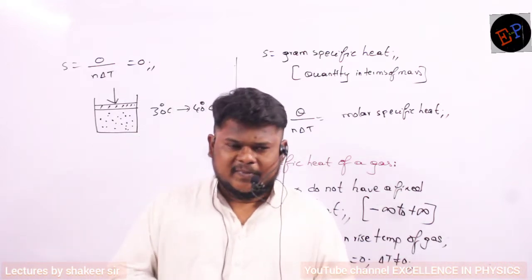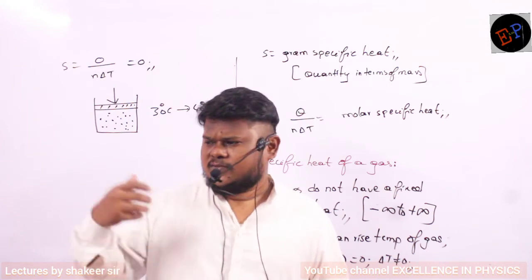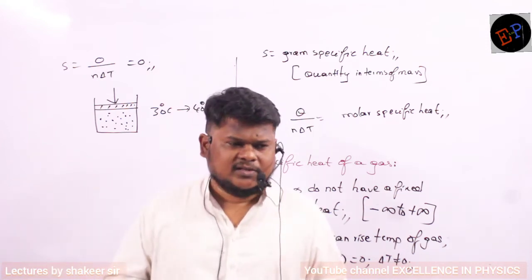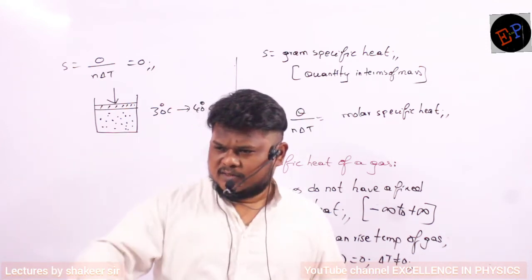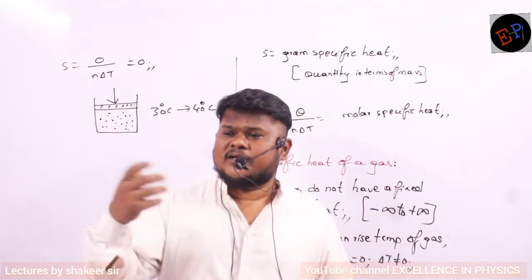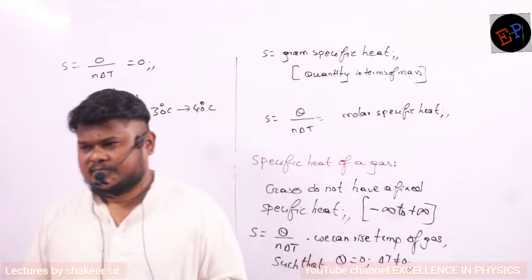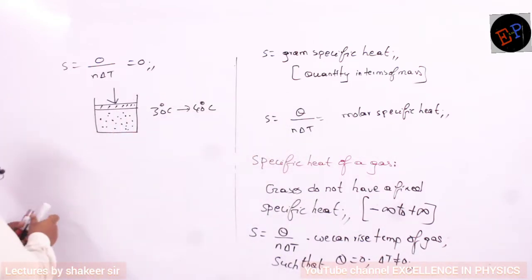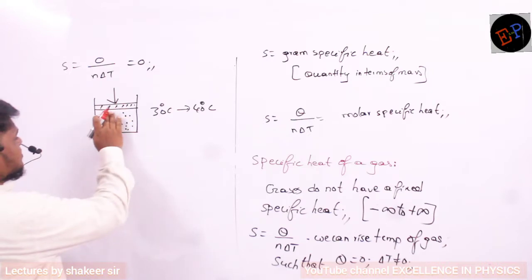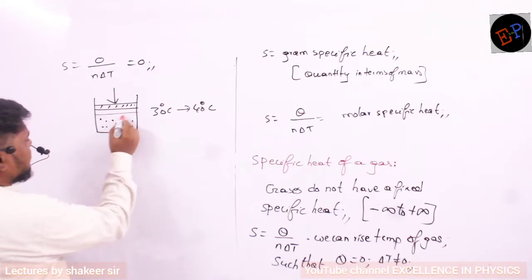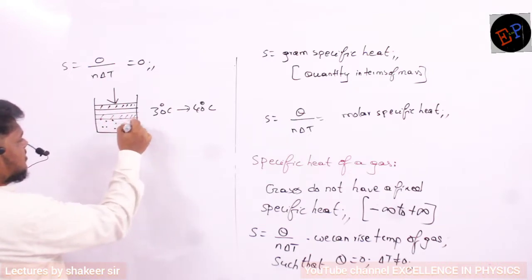Are you able to understand? You are doing some work to push the piston, no? That energy which you have spent converts into internal energy of the gas. So if I push this piston downwards, this piston will reach up to here.